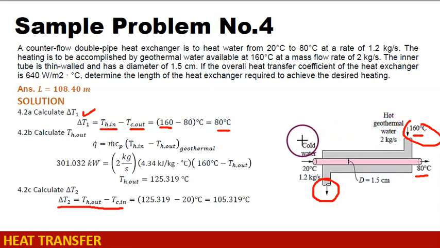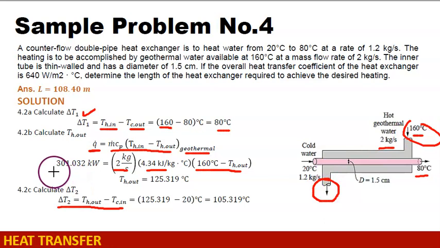So the Q that is coming from the geothermal hot water is also being absorbed by the cold water. So they are equal. The Q for the cold water is equal to m Cp delta T for the geothermal water, where the mass flow rate of the geothermal hot water is 2 kilograms per second, Cp for geothermal hot water is 4.34, and our delta T is T in 160 minus T hot out, equals our Q.